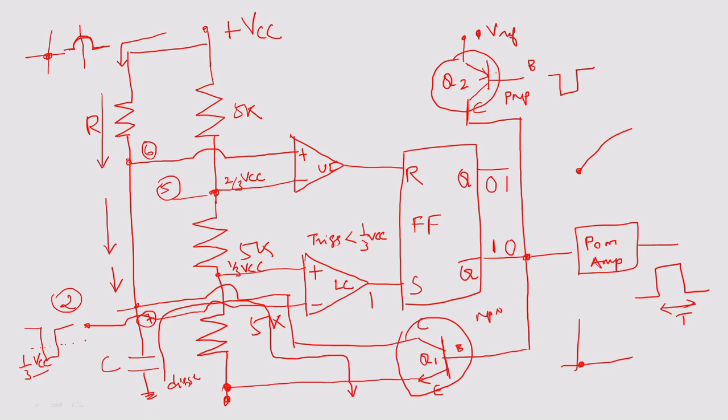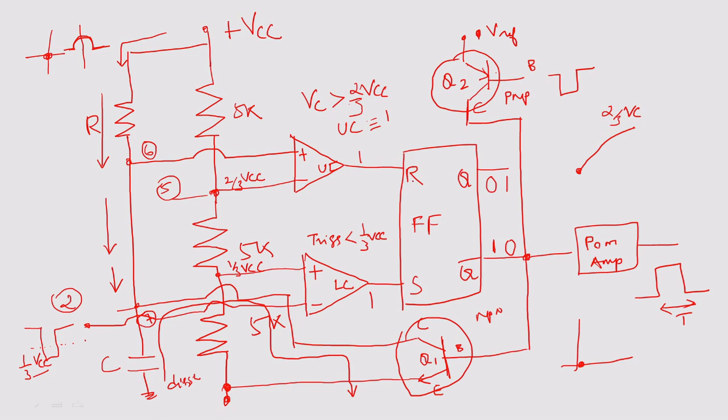So when your capacitor voltage is greater than 2/3 of your VCC, what happens? Your upper comparator will turn on. So that means you will have a reset of 1.